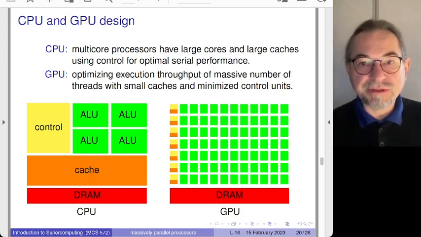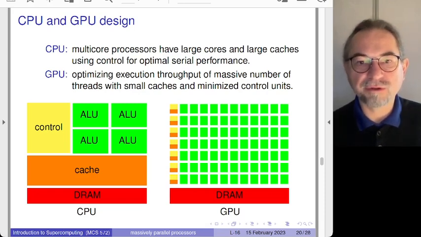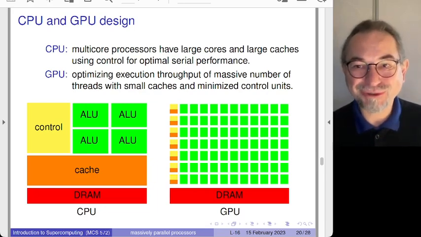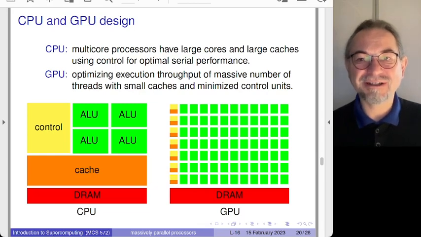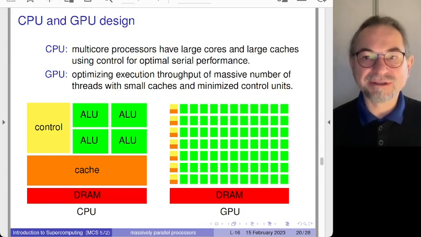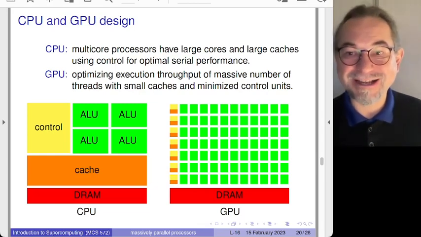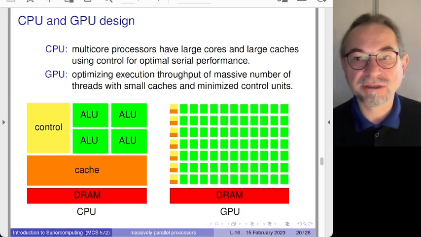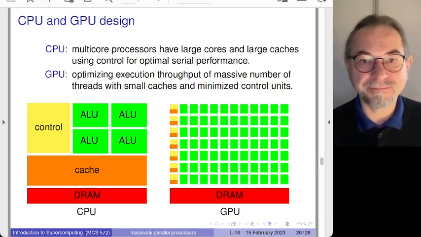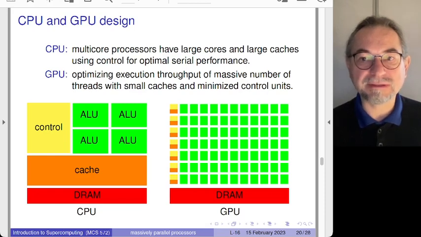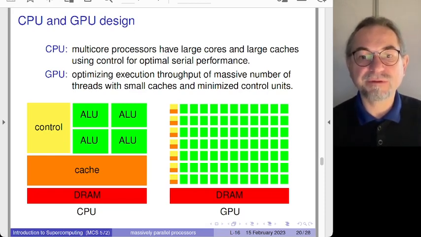Now GPUs, we have many more arithmetic and logical units. But they have much smaller caches, much smaller registers, and they execute the same instructions at the same time. So that's how GPUs achieve their increase in performance.